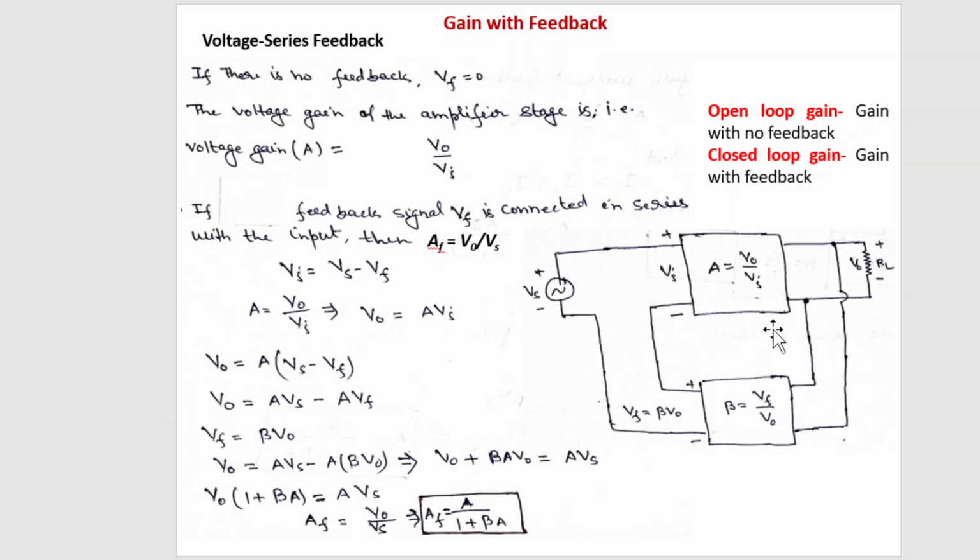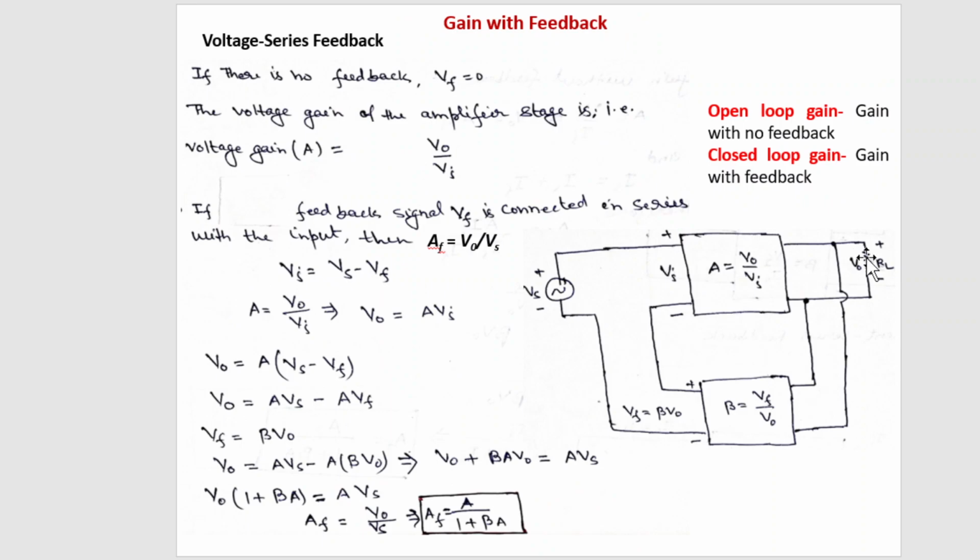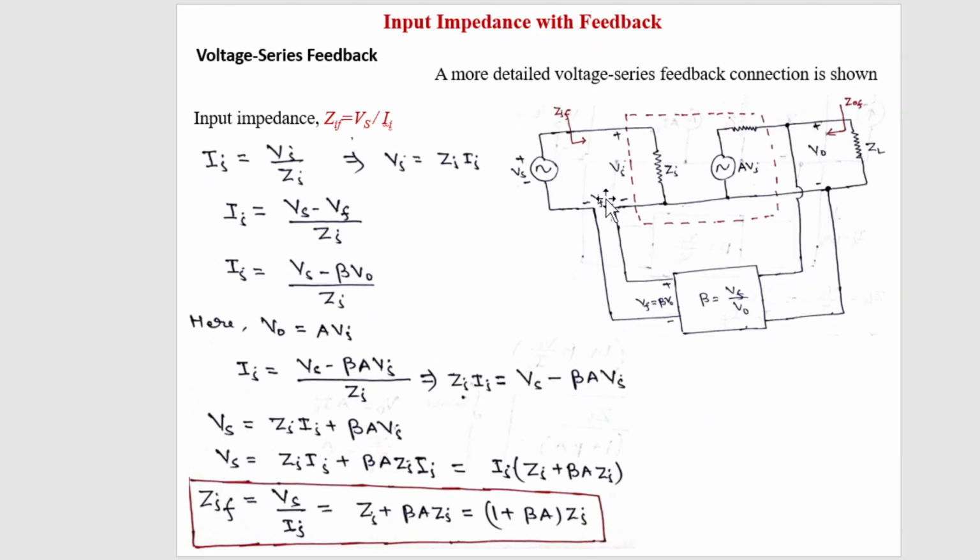So we have to draw an AC equivalent circuit of this voltage series feedback connection when we are trying to calculate the impedance, because impedance is basically resistance which has both real and imaginary parts.